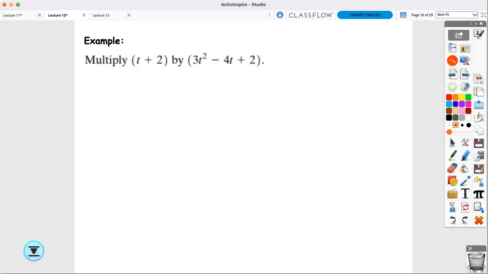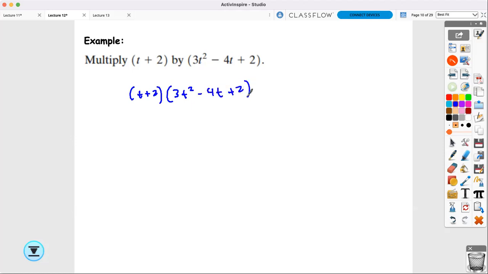All right. Let's go ahead and set it up. The way you will set it up is very simple. It's going to be t plus 2 times another 3t squared minus 4t plus 2.